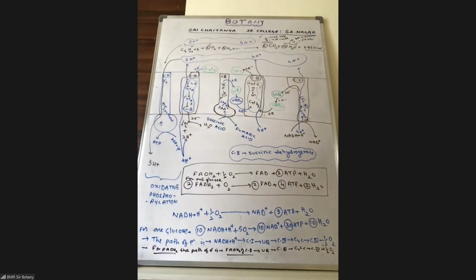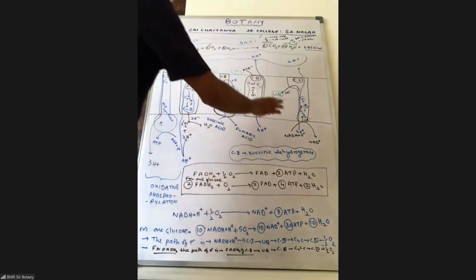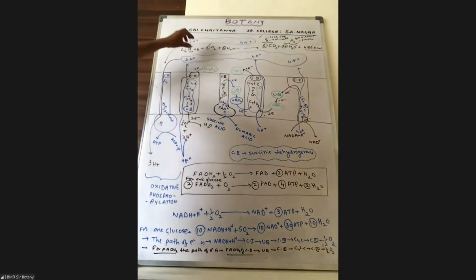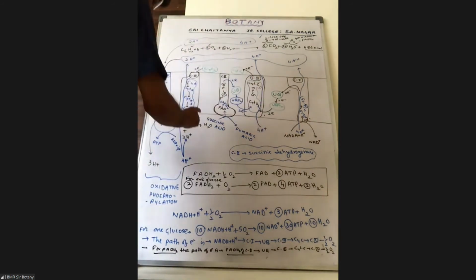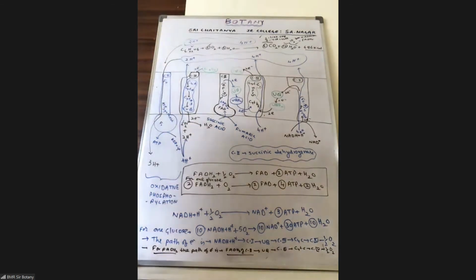So the net result for us is, for 1 NADH as substrate, 10 protons accumulated and 1 water molecule formed. Clear? Understood better?